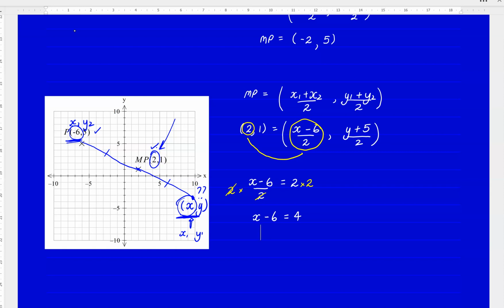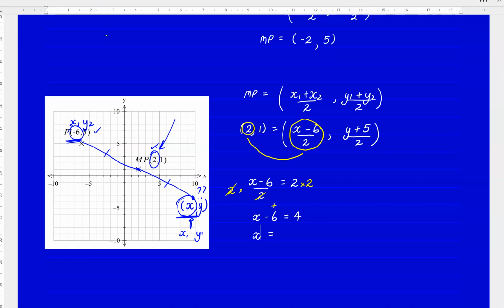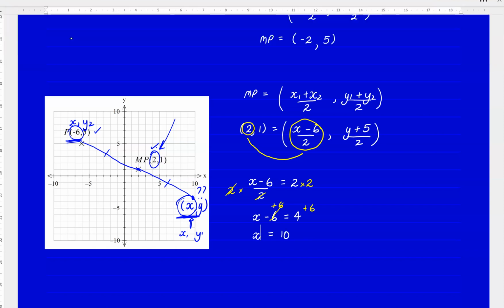Now, how do I get rid of this take 6? What is the opposite of taking 6? Adding 6. And I have to do that to the other side. Again, I'm technically doing it to both sides. What's minus 6 plus 6? That disappears. And so I have to add 6 to the other side. So we get 10.